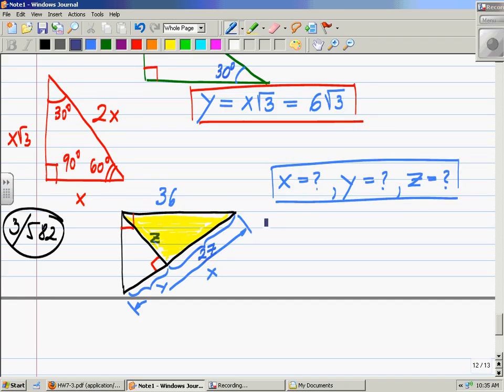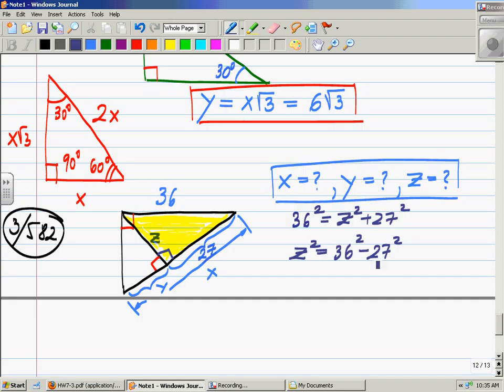What is the relation here? I know that 36 squared, which is the hypotenuse, because this angle is right, equals z squared plus 27 squared. To find z squared, you take away that 27 squared from both sides, so z squared will be 36 squared minus 27 squared.